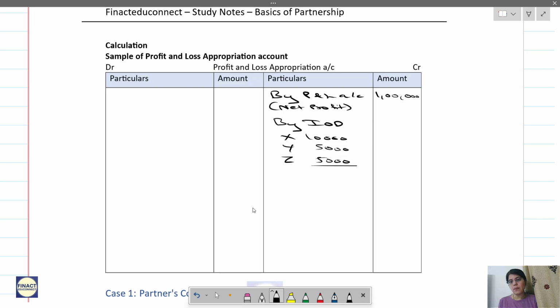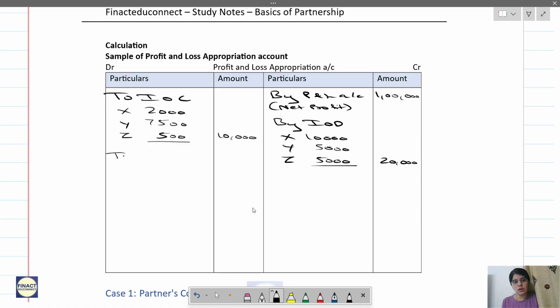So you have 20,000 total interest on drawings. Then to interest on capital, X, Y and Z: 2,000, 7,500 and 500. So the total comes to 10,000.